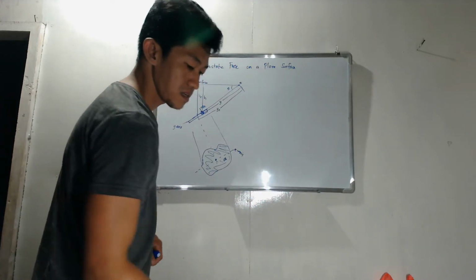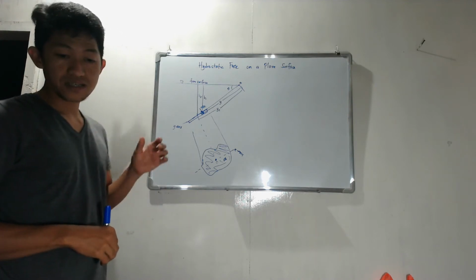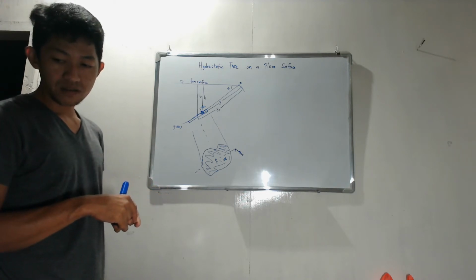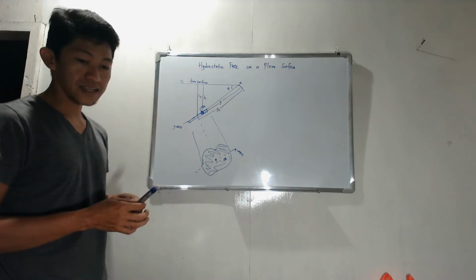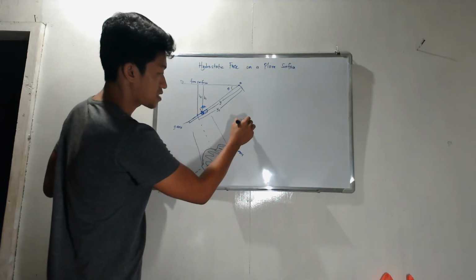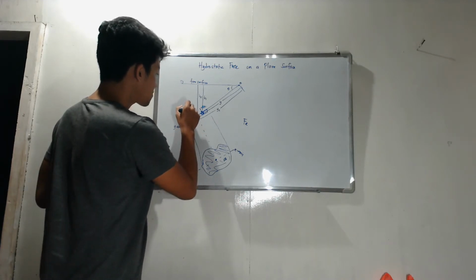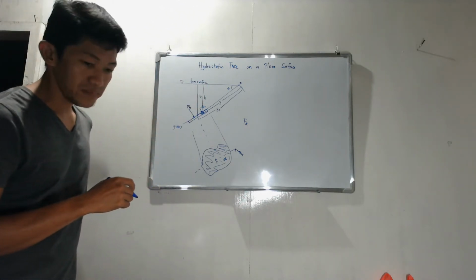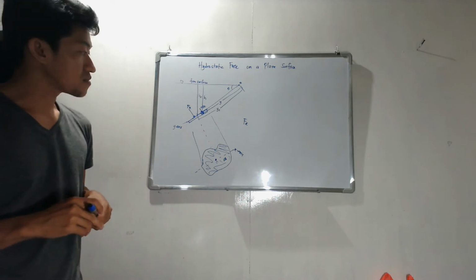Based on the other two examples, the location of the center of pressure is the same as the centroid. That is for a horizontal surface, but for this inclined surface, the resultant force F R acts here. We need to know how far it is from the centroid, because it is a little below the centroid.